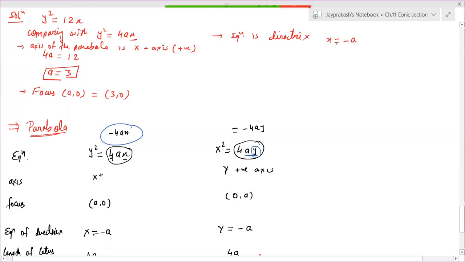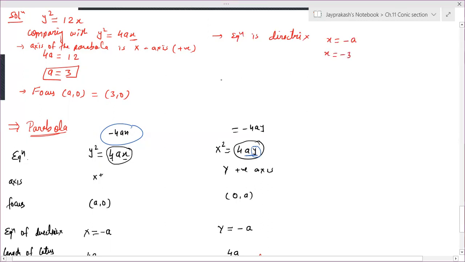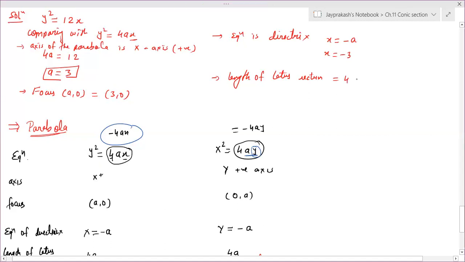We have already calculated a, so we have the equation x is equals to minus 3. And the last one we need is the length of latus rectum, that is equals to 4a. It means 4 threes are 12.